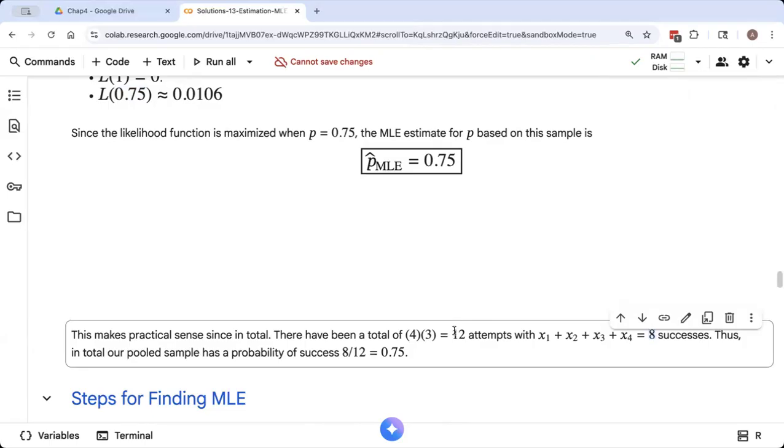So altogether, out of the 12 balls that we picked, 8 of them were green. So an estimate of 8 out of 12 or 0.75 makes sense. This is the proportion of all of the balls that were picked that were green, and that's exactly what the maximum likelihood estimate was. So these MLE estimates usually make intuitive sense in the end.